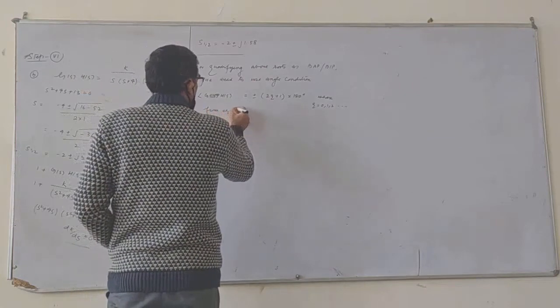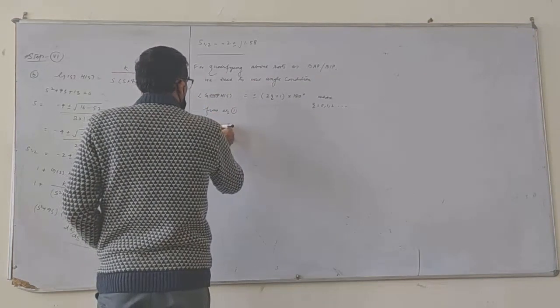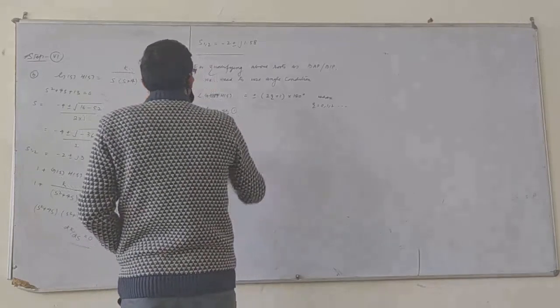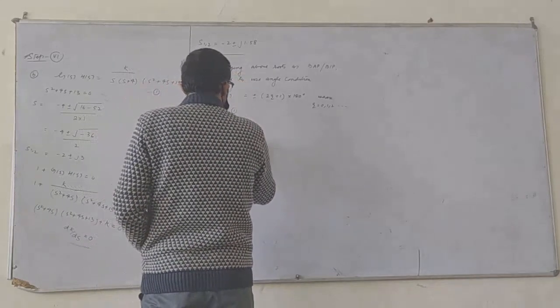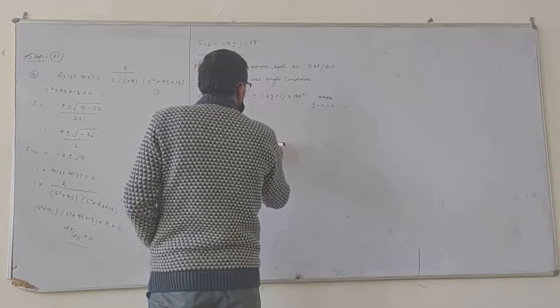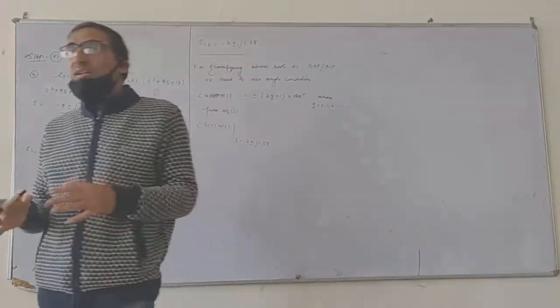From equation 1, the angle of G(s)H(s), but at what point? Because we have to validate these roots, we'll take one of them. Because both are conjugates, if one is minus 180, the other can be plus 180.